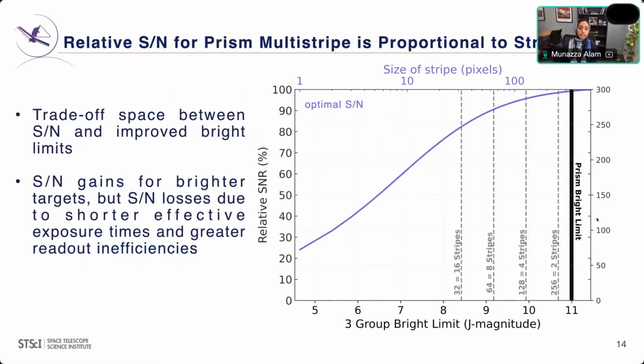And so really when determining the sizes of the multi-stripe subarrays and also which subarrays to choose for your science, there is this trade-off space between the signal to noise and the improvement that you get in bright limits. So we'll have some gains in our signal to noise for brighter targets because we'll be collecting more photons, but also we'll have some losses in the signal to noise because we have shorter effective exposure times and larger readout inefficiencies.